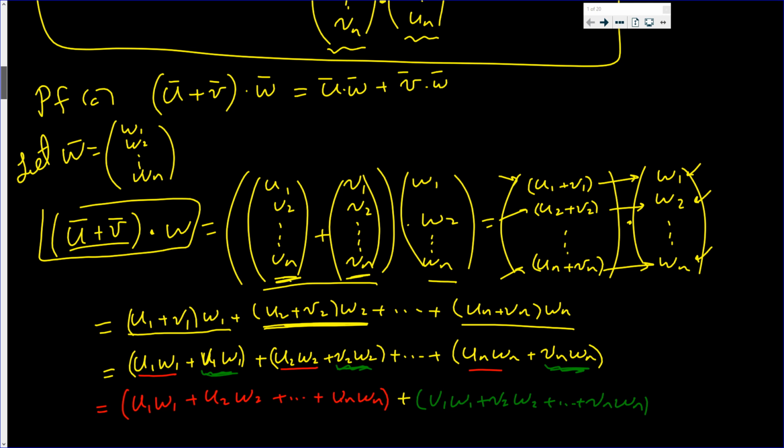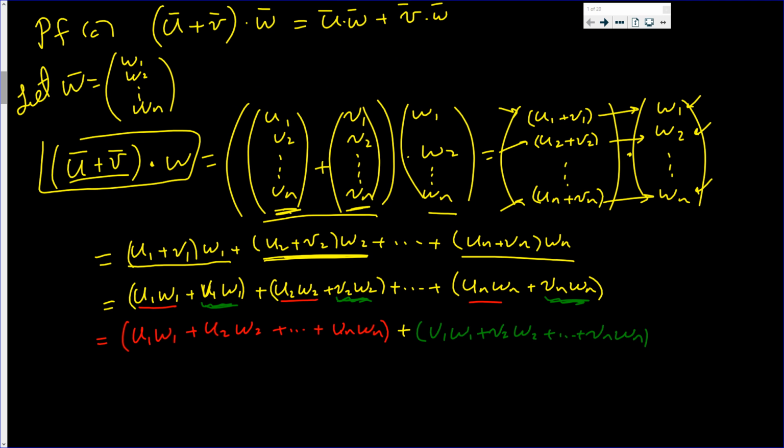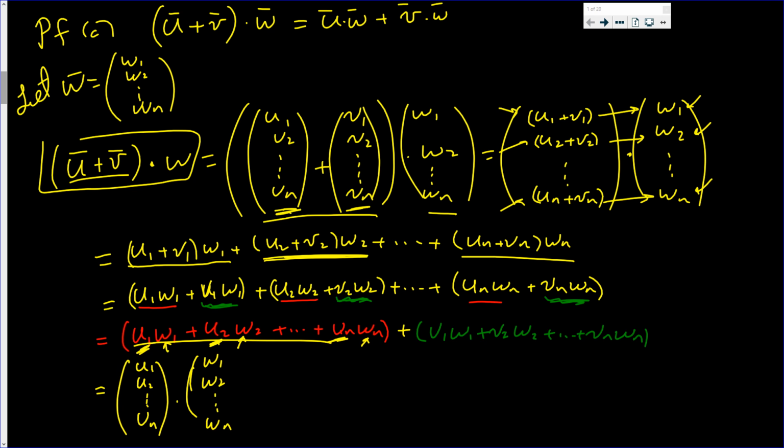But really nice things are going to happen here, because in this sum, I'll take the first values, u1, u2, up to un, and I'll dot them with the second ones, w1, w2, up to wn.